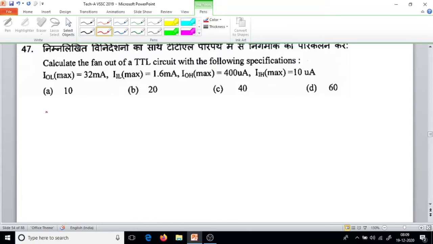Fan out means how many gates one single gate can drive.